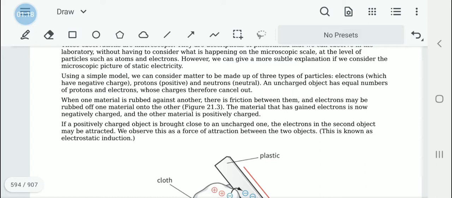This charge develops because when two surfaces are rubbed against each other, one material loses electrons to another.